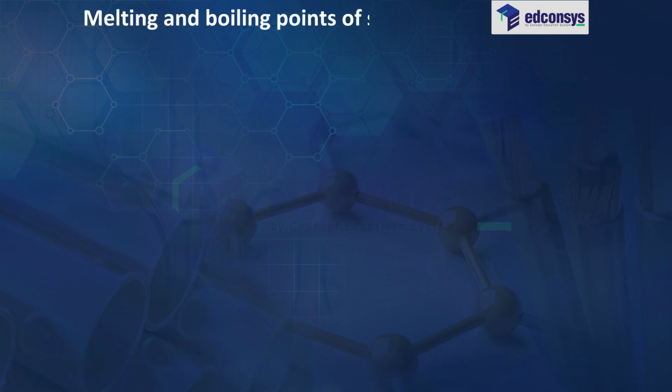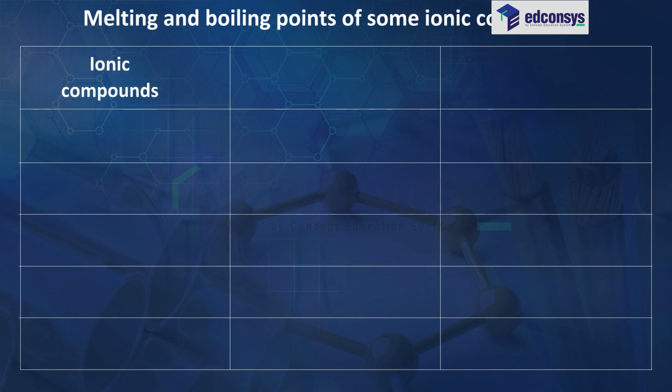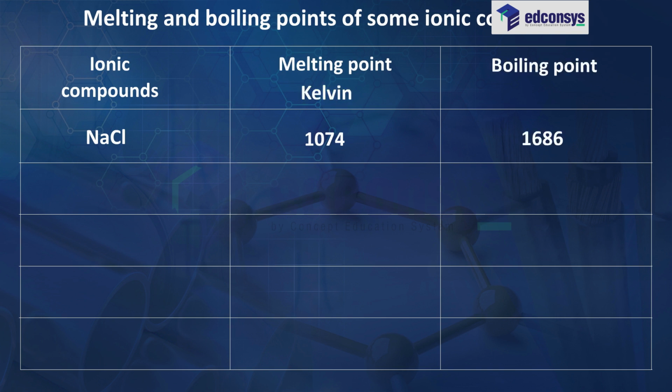Melting and boiling points of some ionic compounds. NaCl: melting point 1074 Kelvin, boiling point 1686 Kelvin. LiCl: melting point 887 Kelvin, boiling point 1600 Kelvin.